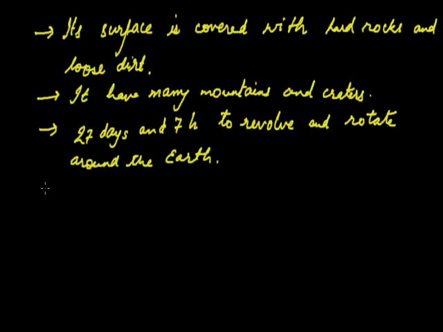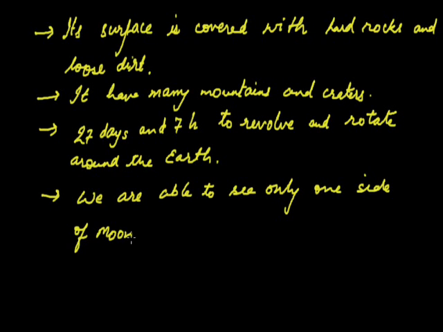As its revolution time period is equal to its rotation time period, that's why we are able to see only a single side of the moon, which is known as the front side or bright side, and the back side is said to be the dark side of the moon.